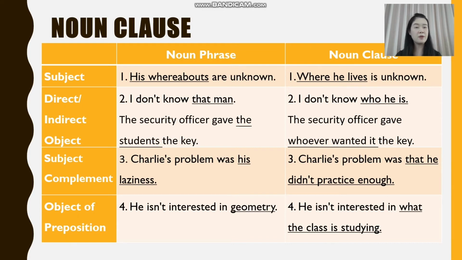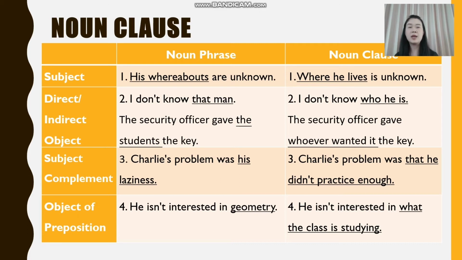For the noun clause, we have: the security officer gave whoever wanted it the key. It has exactly the same meaning, but we don't mention that it should be the students; there must be some person who wanted the key. So who wanted it is the noun clause used as the indirect object in this sentence.